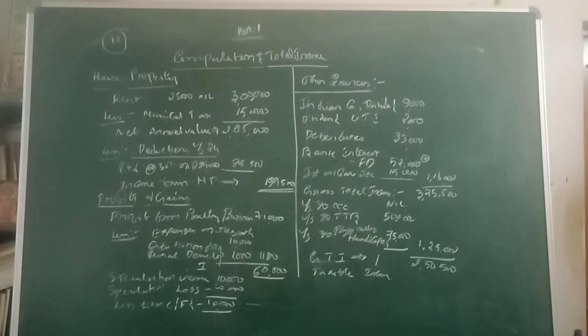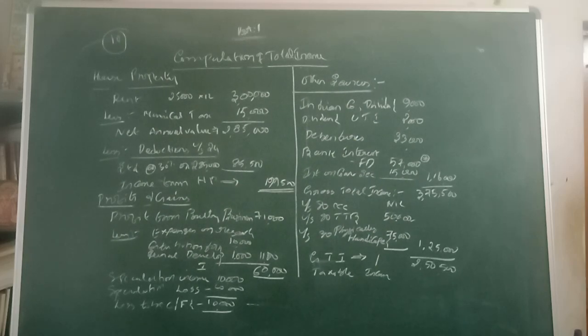First, take the information given in the question. Mr. Yash Raj, a physically handicapped assessee, submits the following information. The rent collected is 25,000 per month, and municipal tax is paid by the tenant, which is 50% of the total taxes. Please underline this point.